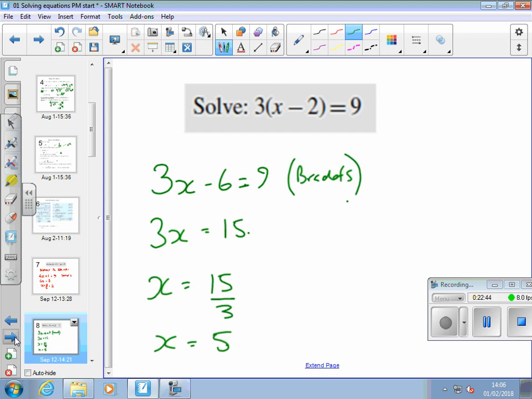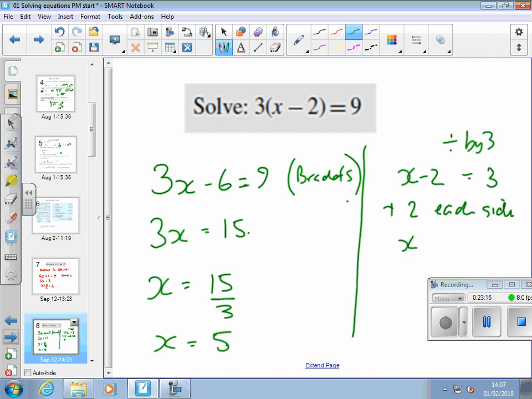Yeah, you could start off by dividing by 3. We'd end up with x minus 2 on that side. Now the 3 is gone from outside the brackets, so it can disappear. That is equal to 3. And then add 2 each side.